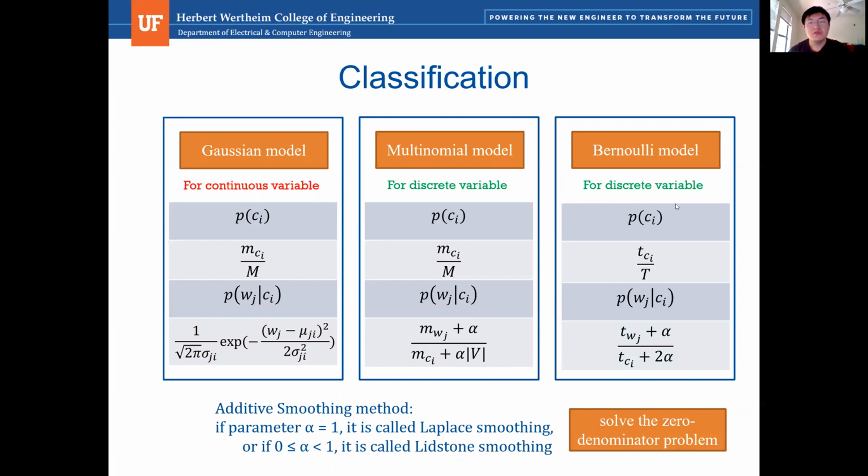In the Bernoulli model, TCi is the total number of documents belonging to class Ci, and TWj is the total number of documents in which the word occurs. When calculating conditional probability in both models, we need to utilize a smoothing method to solve the zero denominator problem. Here we use additive smoothing, and we will introduce the parameter later.